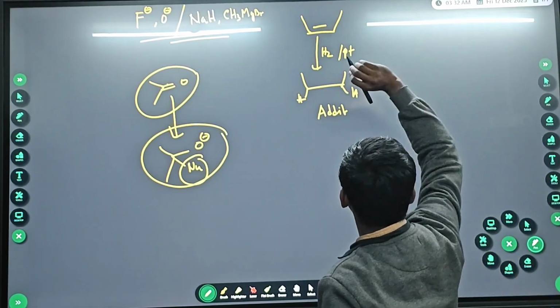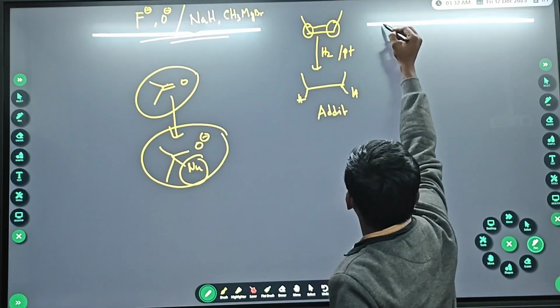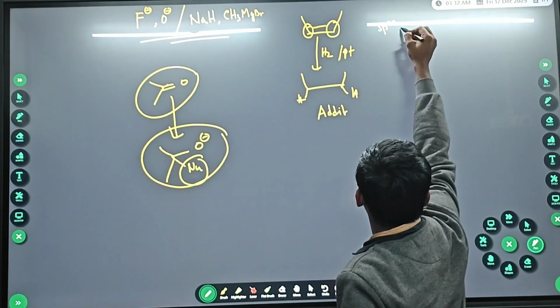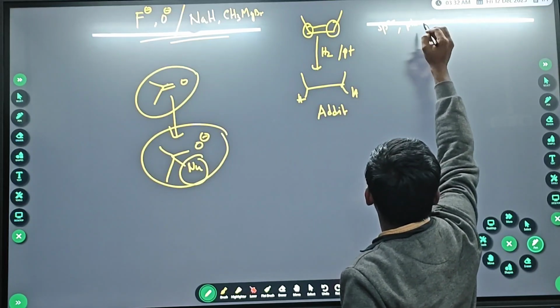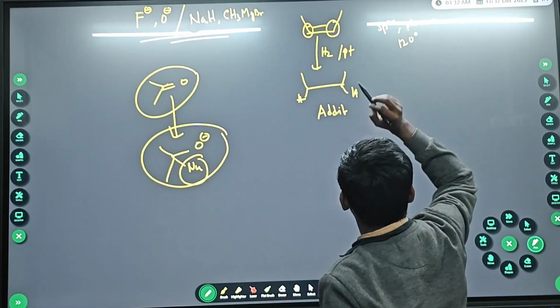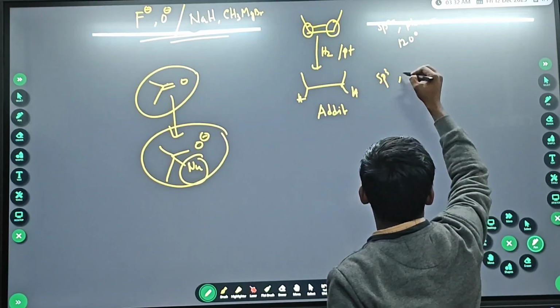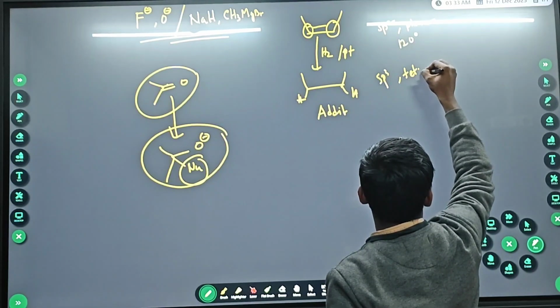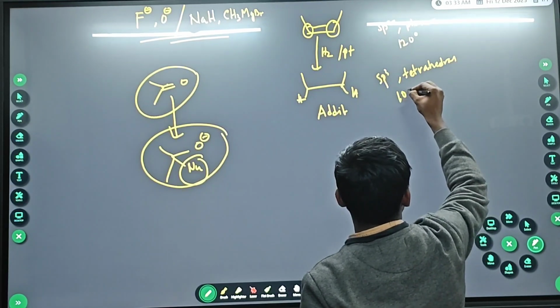So in addition reactions, we can tell that these two carbons are sp2 hybridized, and this is a planar molecule, and this is a 120 degree angle. From this, it becomes a simple alkane chain, sp3 tetrahedral and 109 degree.